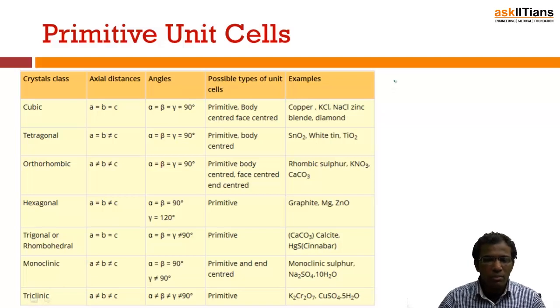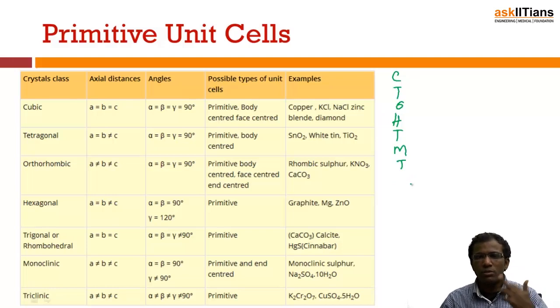We can remember them like this: CTO, HTMT. You can memorize it like this from top to bottom: CTO, HTMT. C means cubic and T means tetragonal, etc., till we have triclinic. So these have different unit cell parameters.